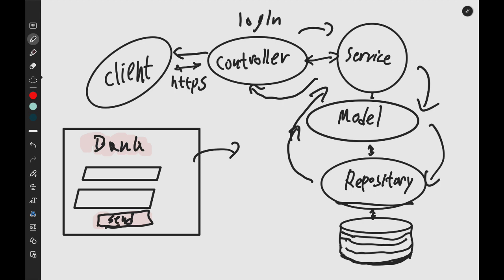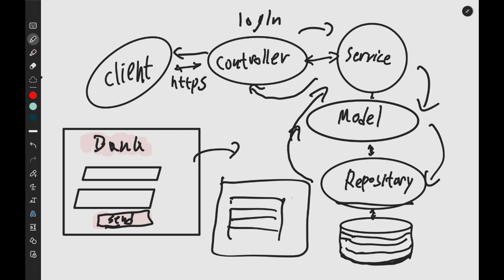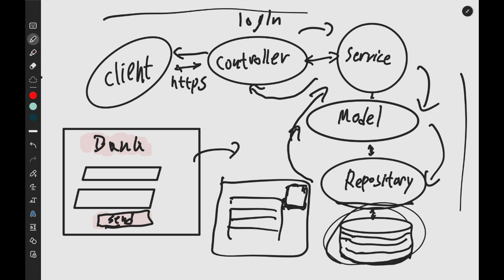Okay, it's probably going to redirect you into a home page where you have all kinds of information about transactions, all kinds of maybe messages you're getting from your private banking, whatever that is. It doesn't really matter, but all of this data is coming from here. Okay, this is a very basic way to describe it.